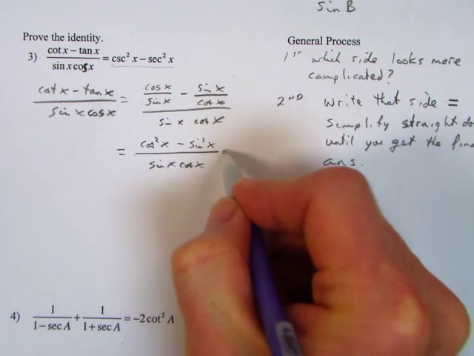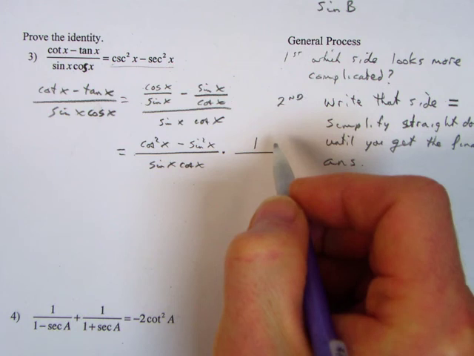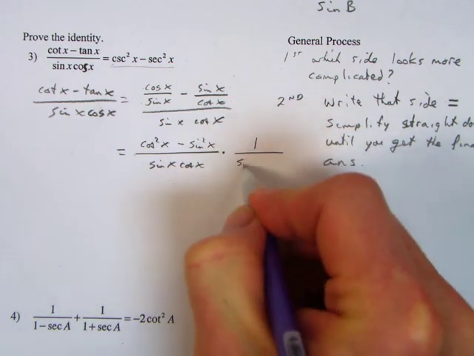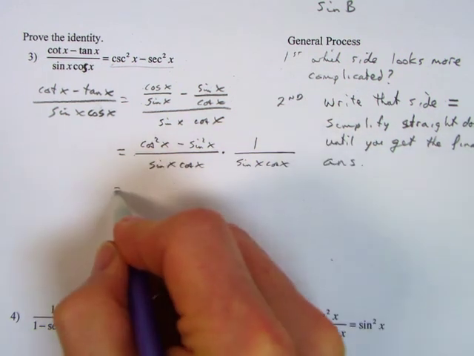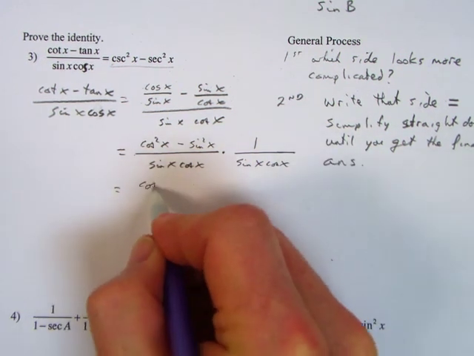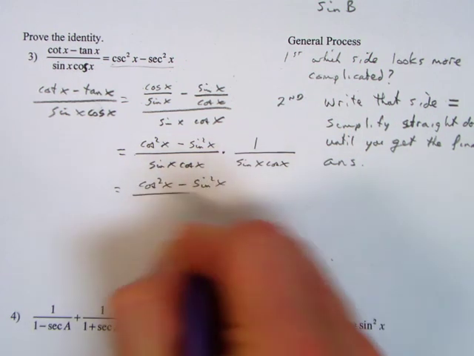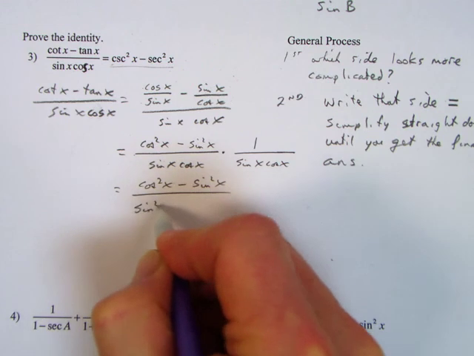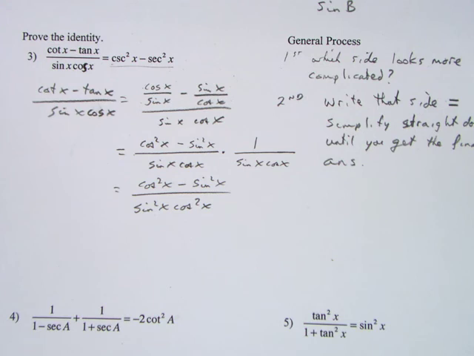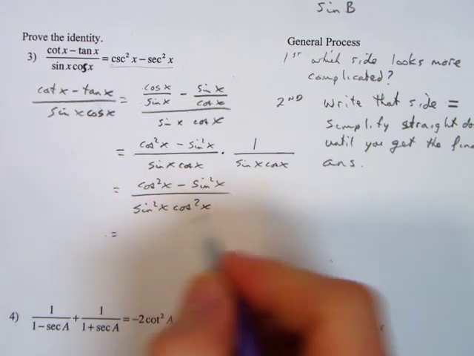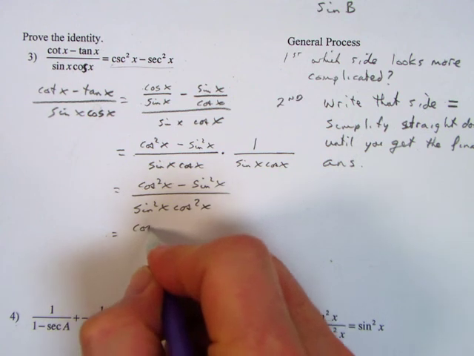And we can take this and multiply it by 1 over sine x cosine x. That's going to simplify to cosine squared minus sine squared over sine squared x cosine squared x. Now what? Well, we can take each one of these fractions, break the fraction up this time.